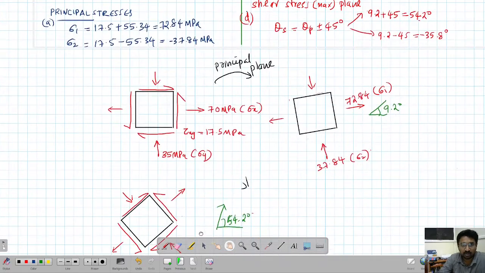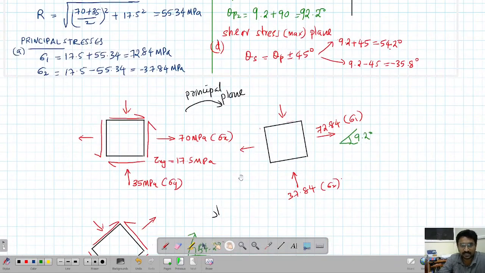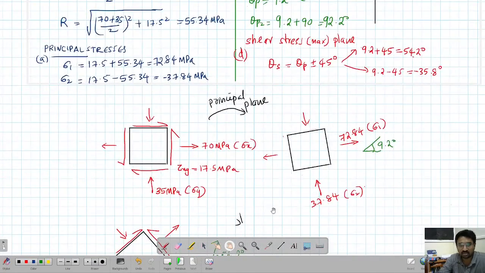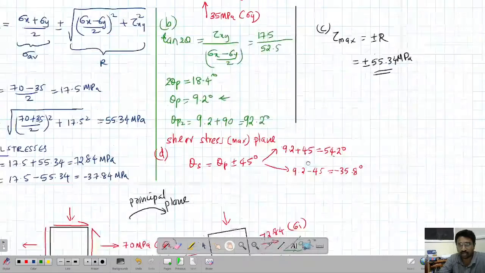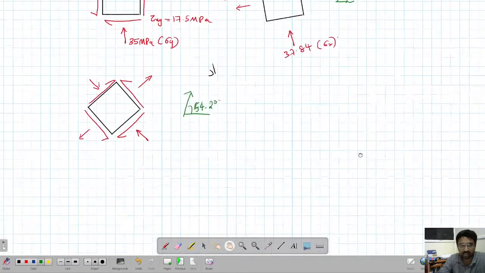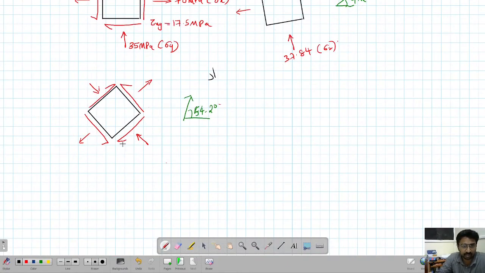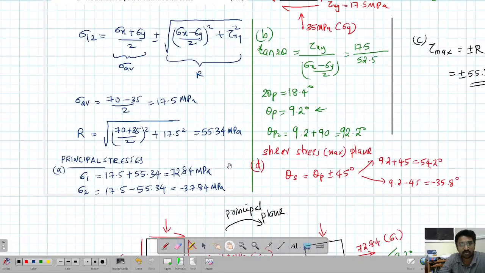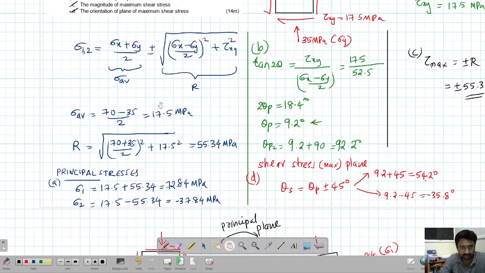Now the value of shear stress here is equal to maximum shear stress. So this plane will have maximum shear stress. The value of maximum shear stress is 55.34 MPa. So shear stress here will be 55.34 MPa. And the value of normal stress in this plane will be equal to average stress.